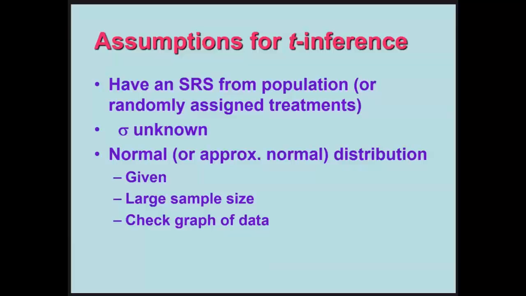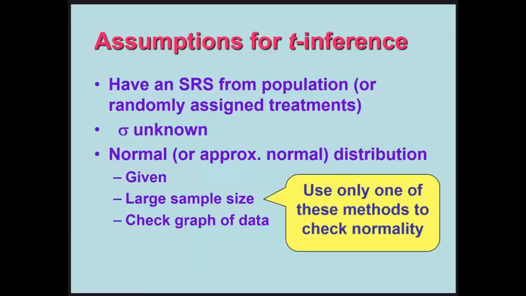Any of those graphs that confirm normality would be fine. We only have to use one of those three methods. So if they tell us that the data is normal, we don't have to check it. And if we know that the sample size is large enough, we don't have to check the graph. So really we only check the graph if we're not given the first two cases. Okay.